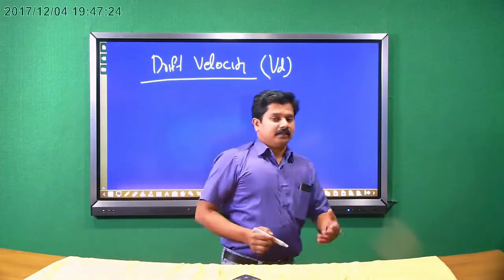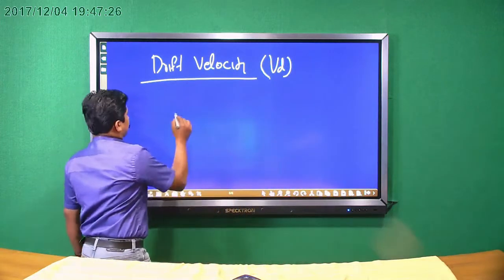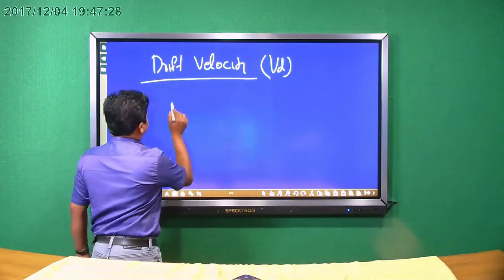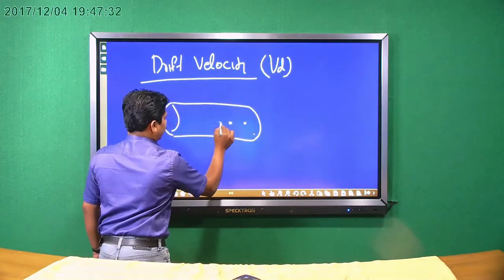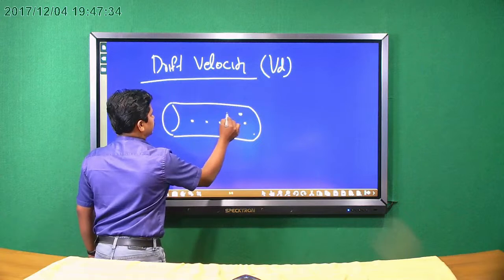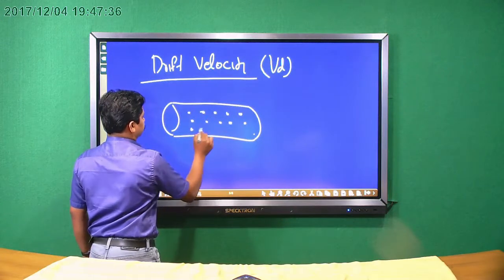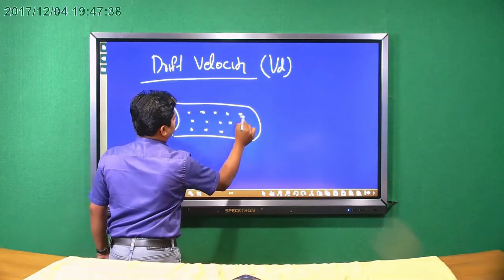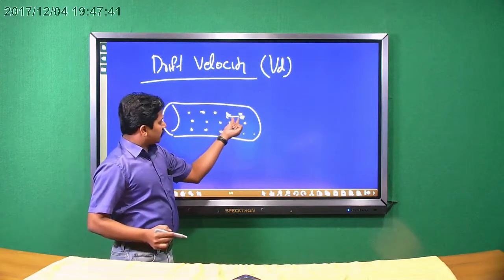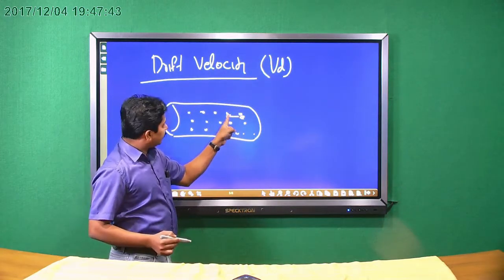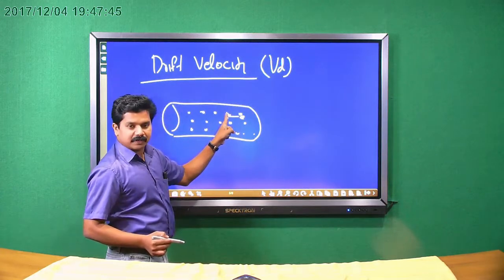So we already said that in a conductor, in the presence of an electric field, these electrons get drifted. While moving, they collide with the lattice points. In between two collisions there is an acceleration. Again, while colliding, the speed will decrease.